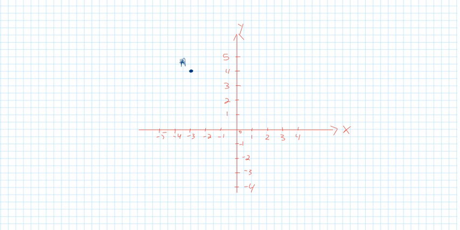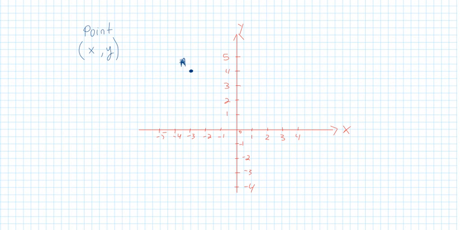This is point A. Can you tell me what this point is? What's the value of this point? Minus 3, 4. So a point has an x and y value. Okay? So any point has two values. X first, comma, y. Okay?